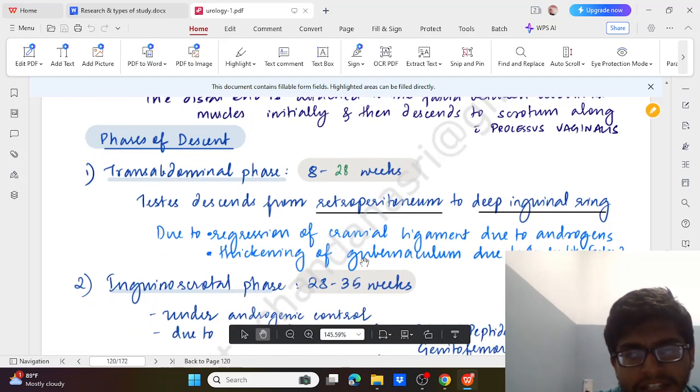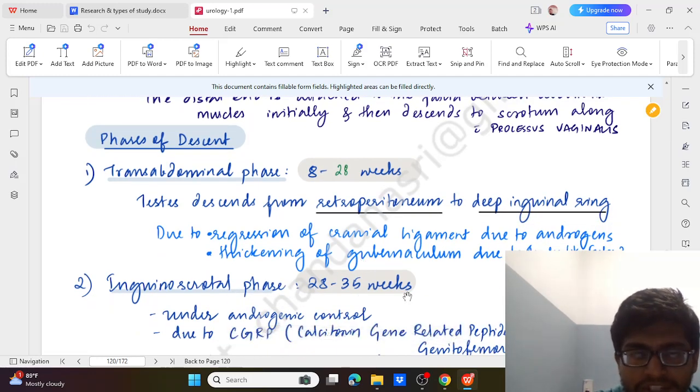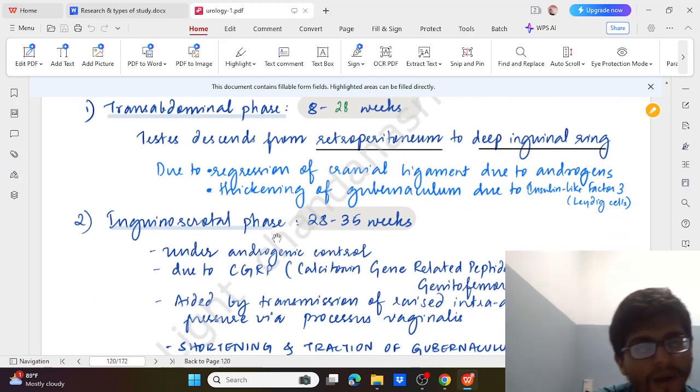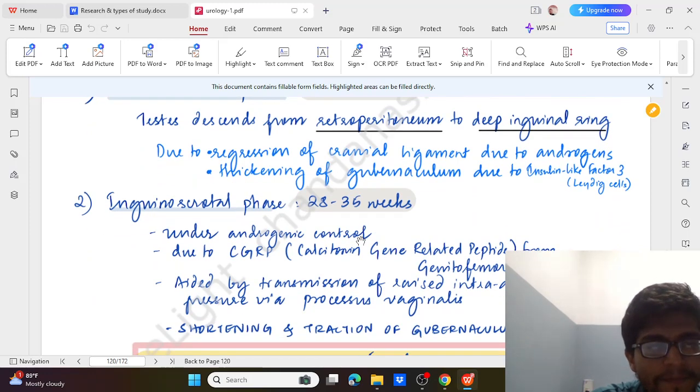This is due to regression of the cranial ligament, due to androgen, and thickening of the gubernaculum, due to insulin-like factor 3 from the Leydig cell. So these all will result in the transabdominal phase. Then the inguinoscrotal phase, which lasts from the 28th to 35th week.